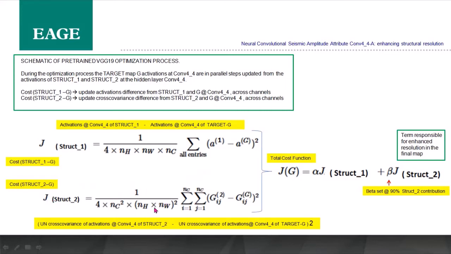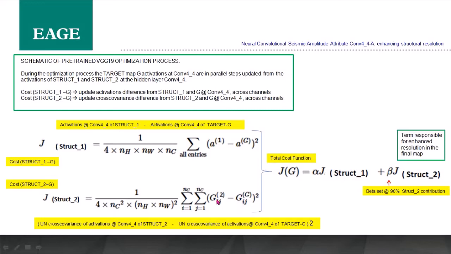This is the cost function J struct 2. This is the normalization factor. This is the unnormalized cross-covariance matrix that is calculated across channels for struct 2 activations. This is the unnormalized cross-covariance matrix that is calculated across channels for target G activations.